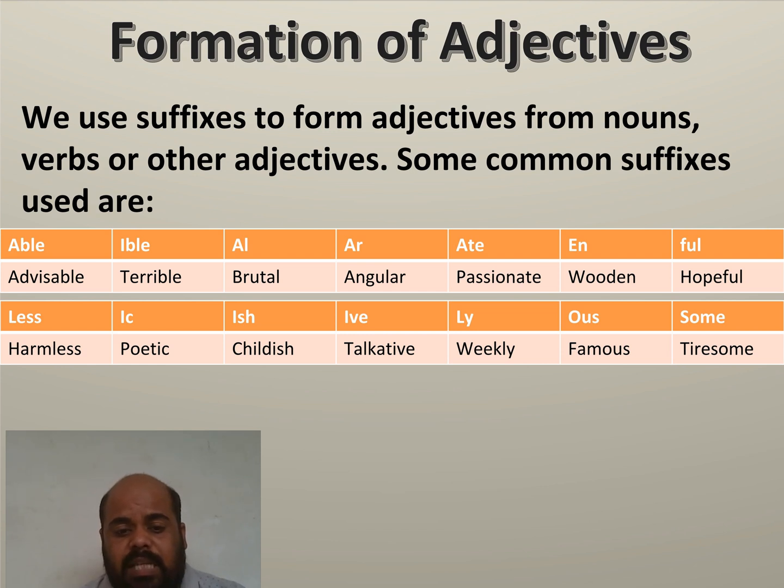The first one is able, like advisable or punishable. These words are made from advise or punish, by adding the suffix able and turning it into an adjective. The next one is ible, the example is terrible.